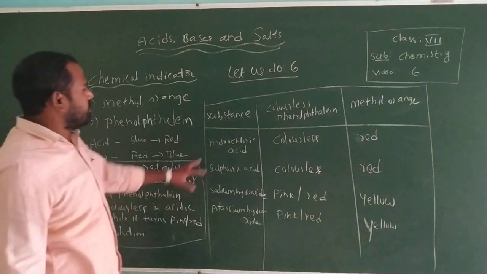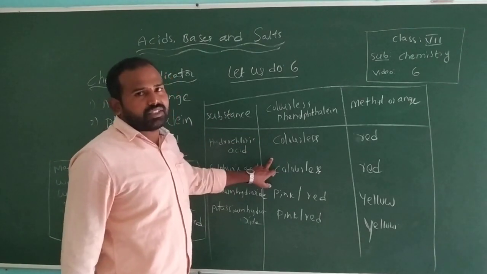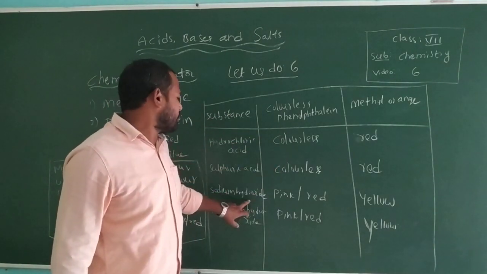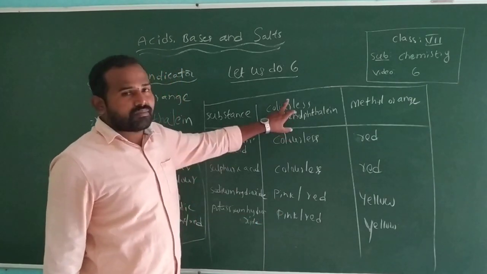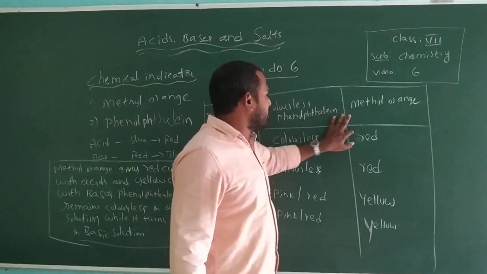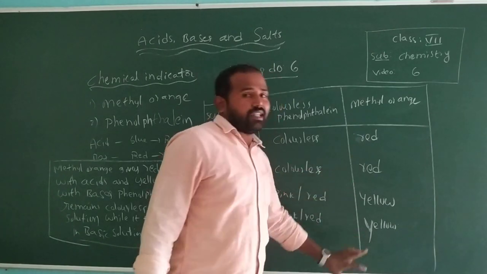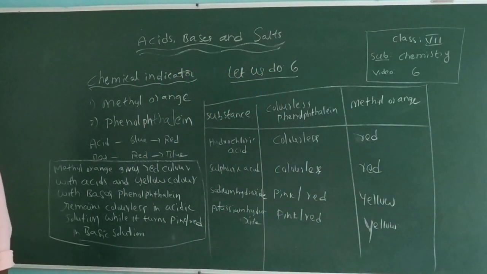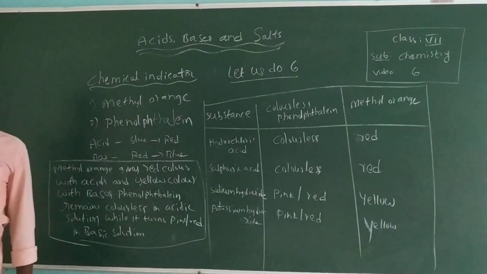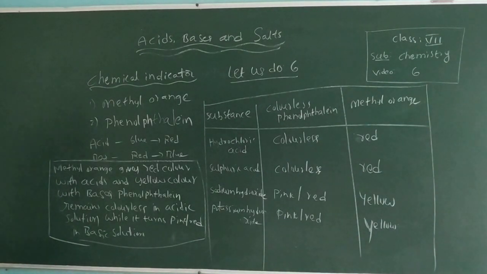For acids, we need to note down this type of color change for phenolphthalein, and for bases, this kind of color change. For methyl orange, for acids, this kind of color change, for bases, this kind of color change. Like that, complete table 3 in table 7 by using phenolphthalein and methyl orange as indicators.